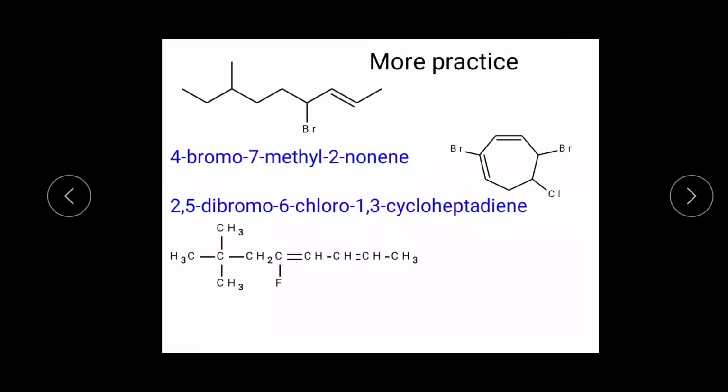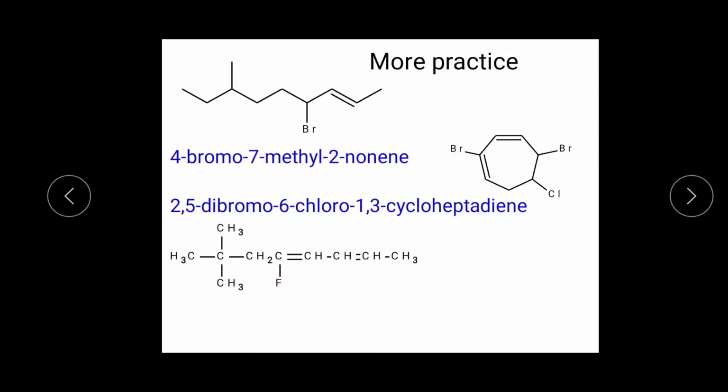There's a need for you to ignore the prefix di, so you're still going to begin with B. Bromo comes first before chloro. You're going to ignore prefixes such as di, tri, and tetra, and so on.